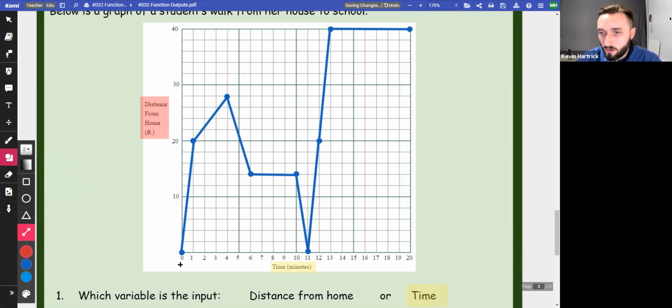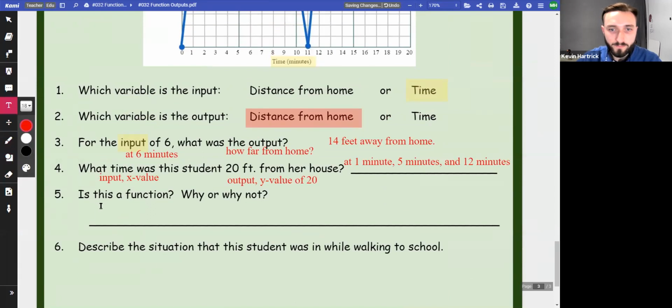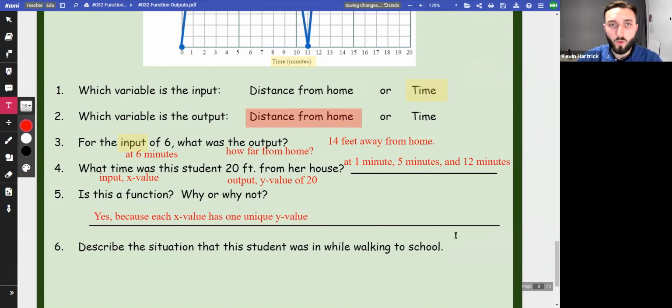There's not a single x value here that has 2 different y values. So this is a function. We're going to say yes, because each x value has one unique y value, or each input has one unique output.